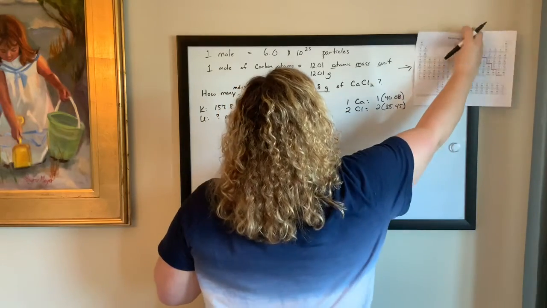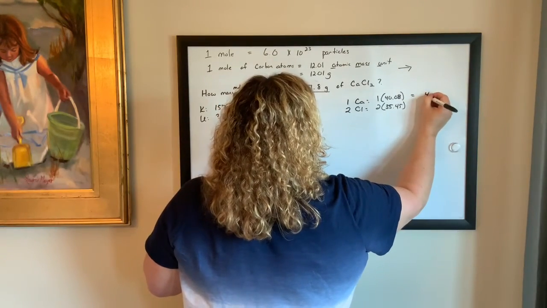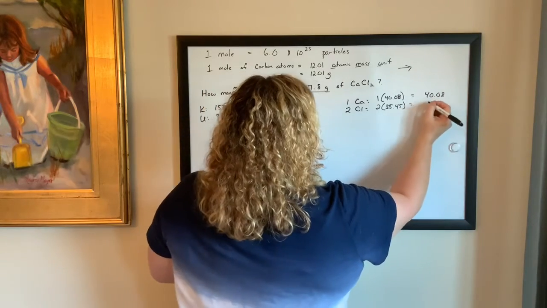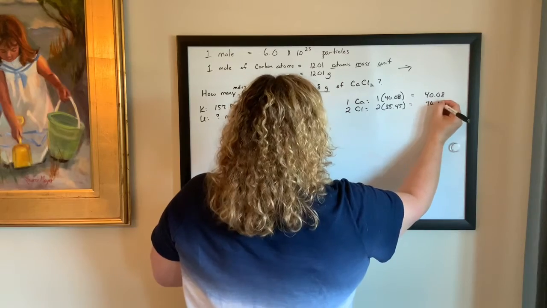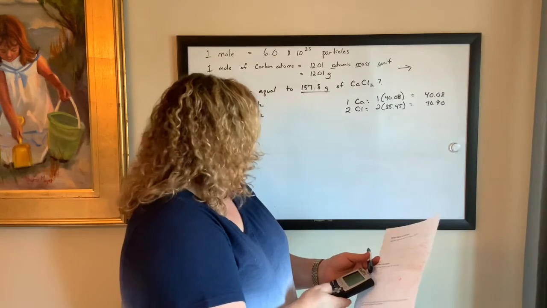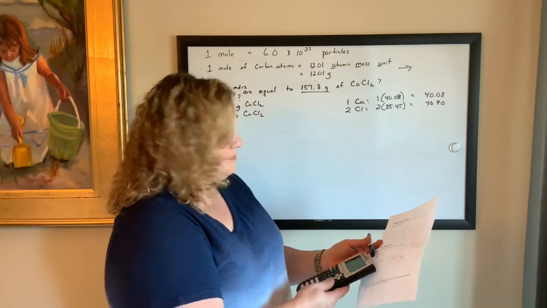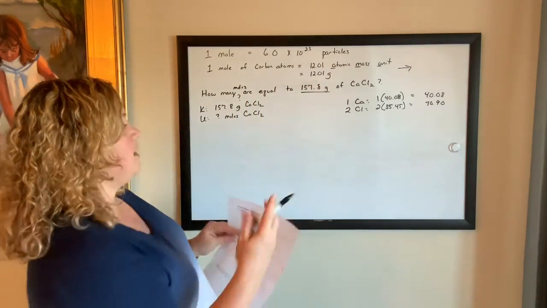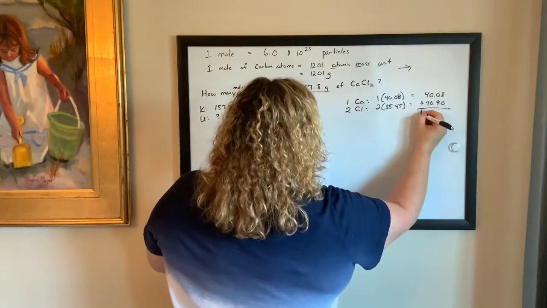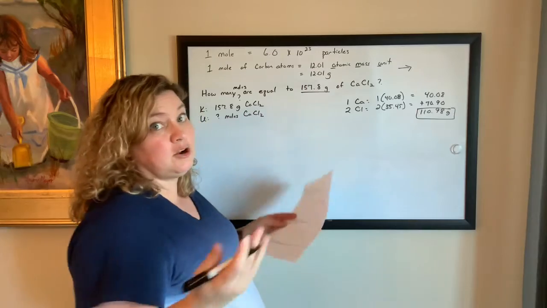So 1 times 40.08 is 40.08. 2 times 35.45 is 70.90. Is that right? Let's double check. 2 times 35.45 equals, yep, 70.9. All right, so now we can add these together to get our total weight, and we should be getting 110.98 grams equals, that is our 1 mole.